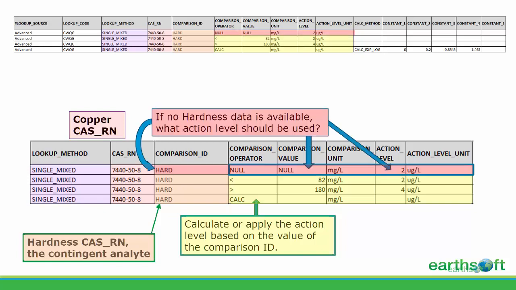Okay, so that first value there in the table is saying, what if hardness data is not available? What action levels should I use? And so it says, if there's no data available for hardness, then the copper action level should be 2 micrograms per liter. That's what that first section is saying.